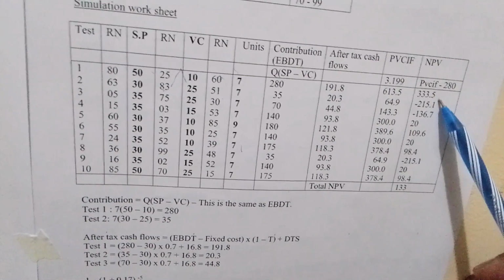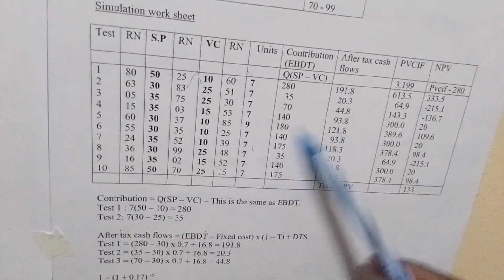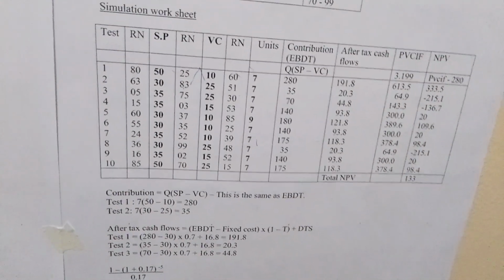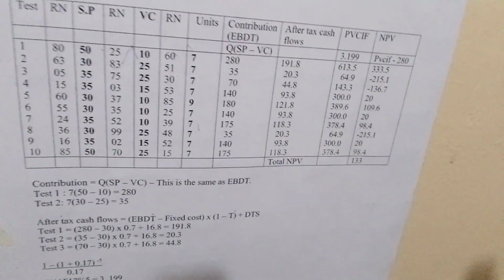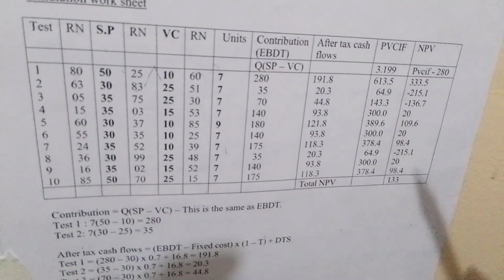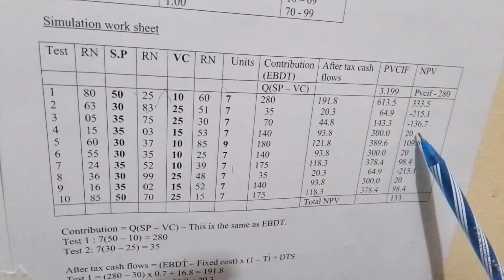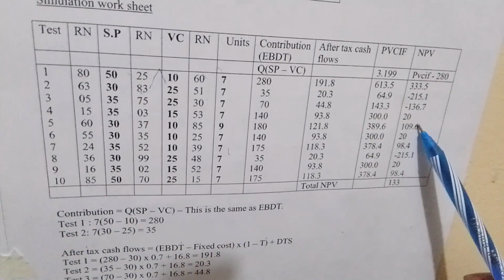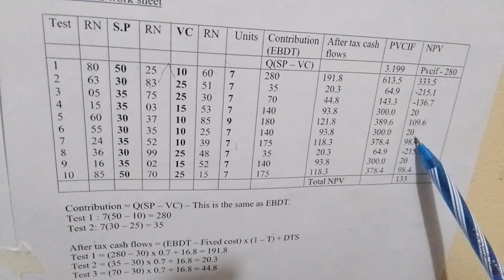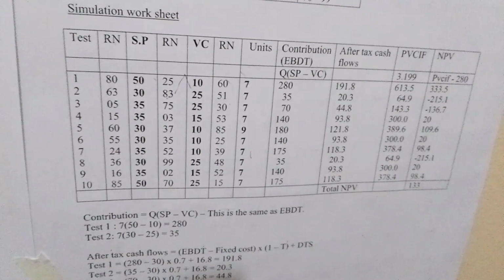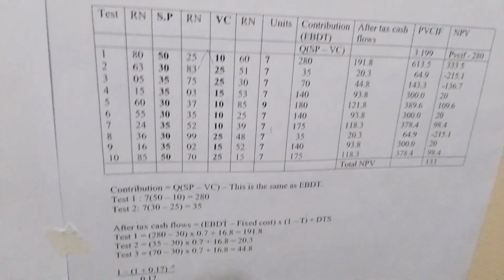Positive net present values divided by 10, the number of tests or trials. So what is the probability of this project being successful? Which ones have a positive NPV? We have 1, 2, 3, 4, 5, 6, and 7. So there are 7 net present values which are positive.